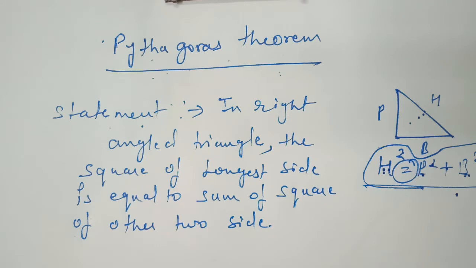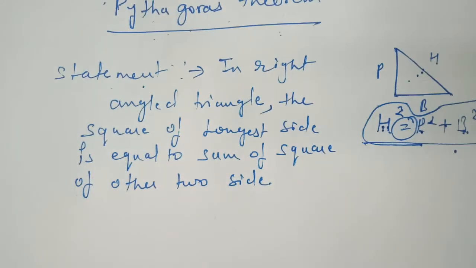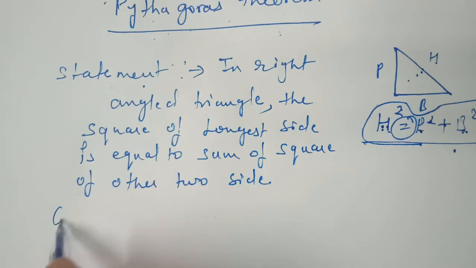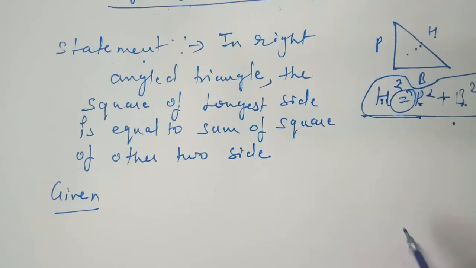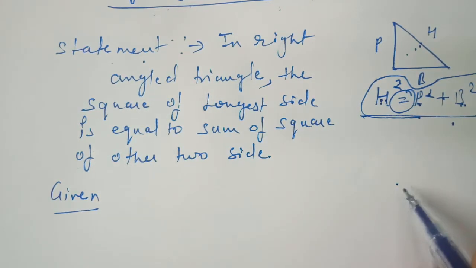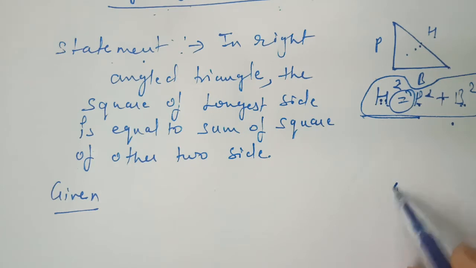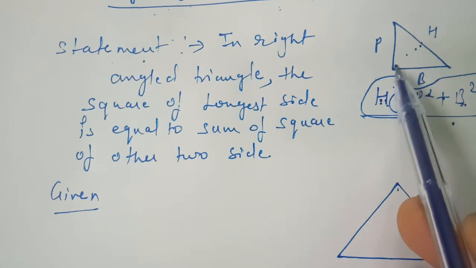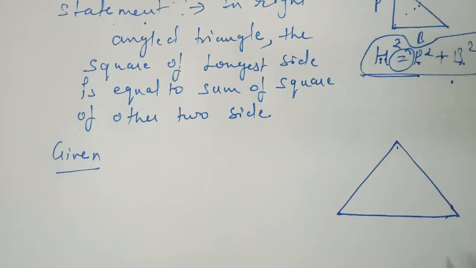After learning the statement we have to do its proof. So first of all let us write the given. Side by side we are drawing the figure also. Let us take the right angle triangle this way, not as we commonly use.